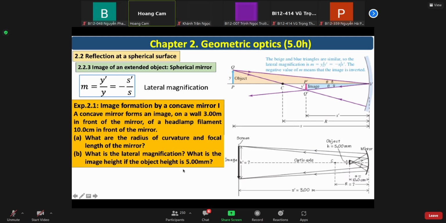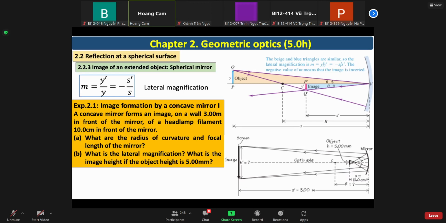The question D, what is the lateral magnification? So lateral magnification M is equal to Y prime over Y. It is the original formula, or we say the definition.